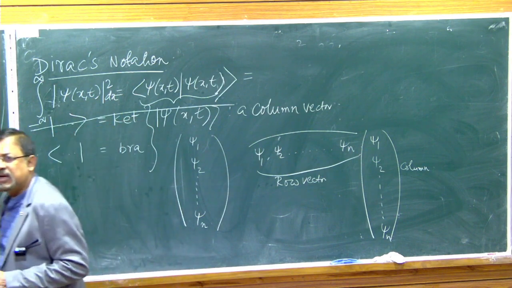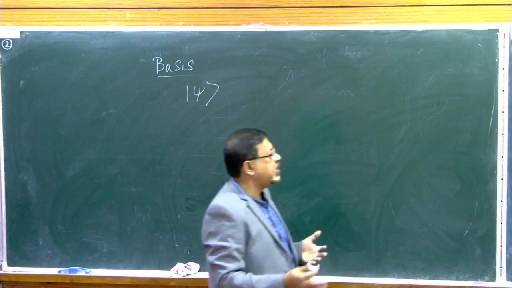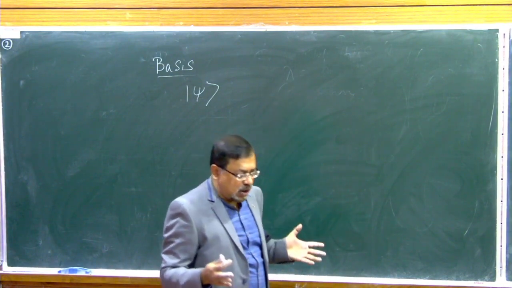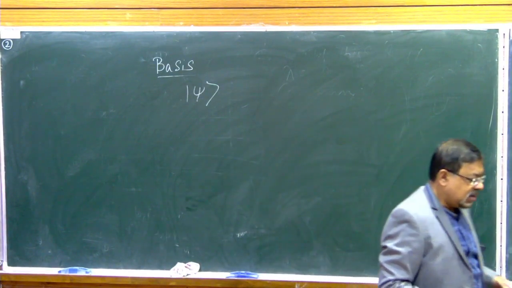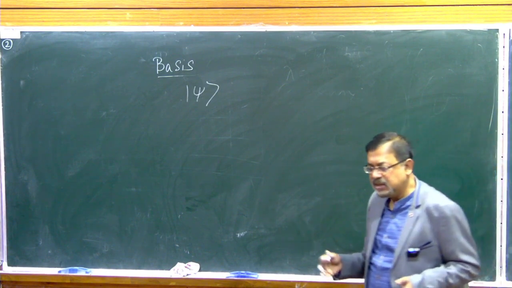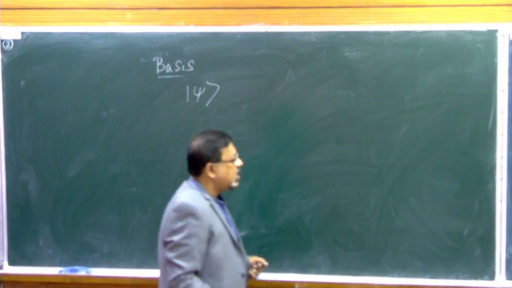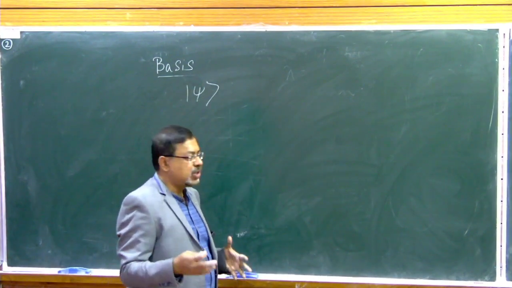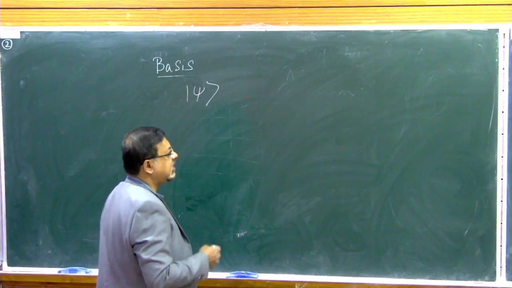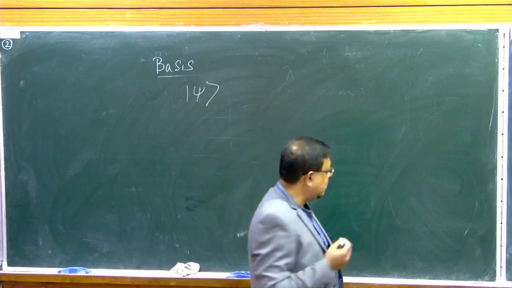And this is really the connection between this so-called, I mean, Dirac invented it in the 1930s, so it's not really something that's recent, but it's been used quite extensively in the context of quantum physics.